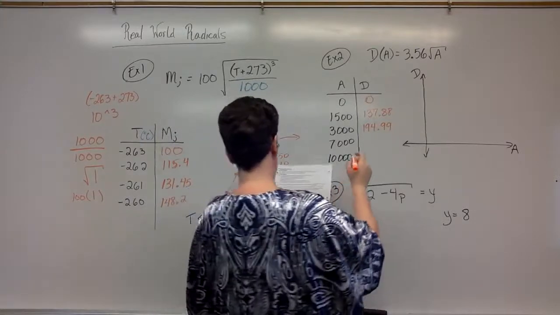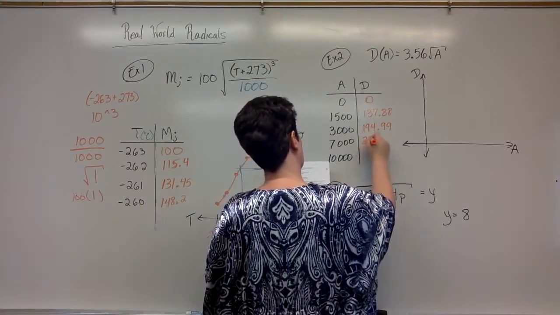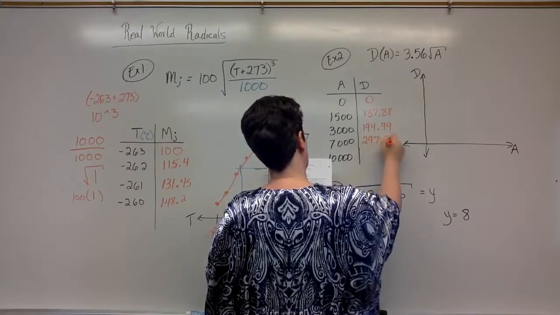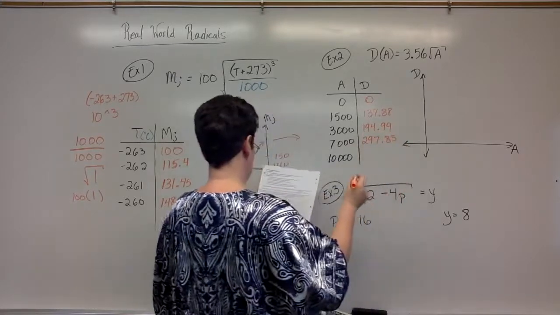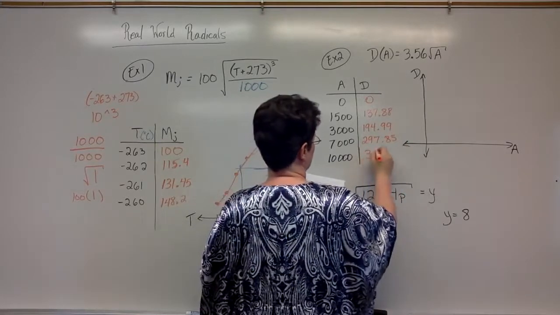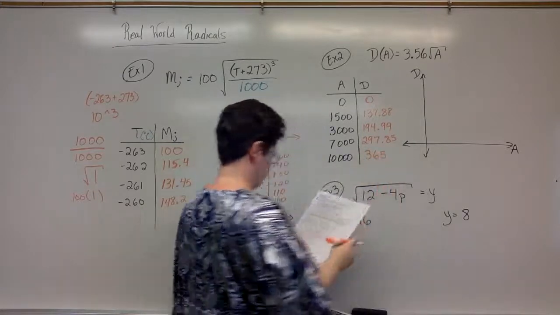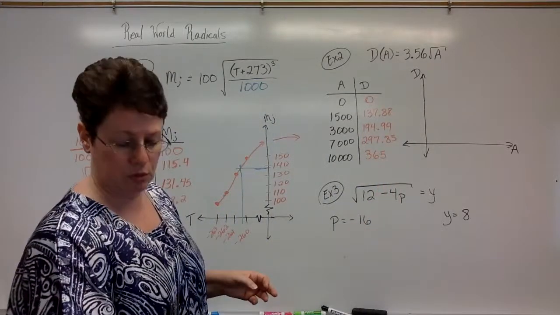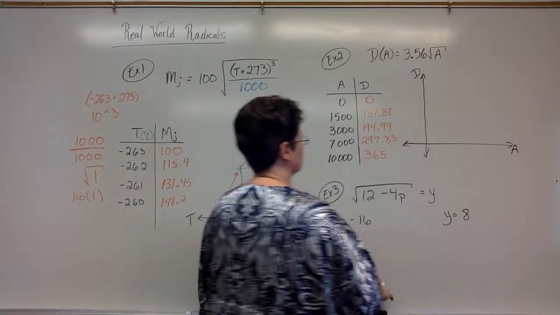The square root of 7,000 is 297.85. And then the square root of 10,000 ends up with 356. I wrote that backwards.